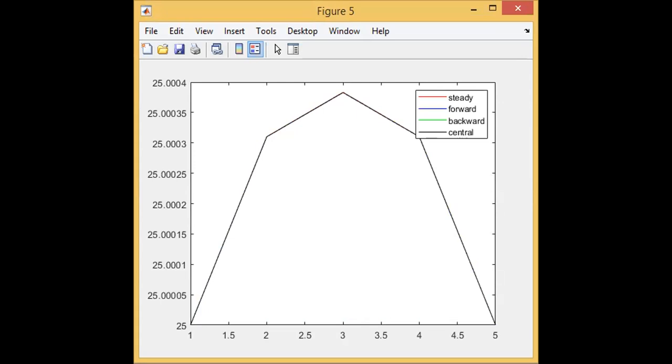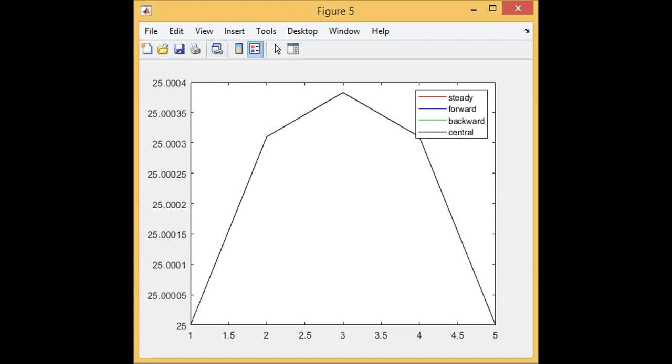I have the converged values because of forward, backward, and the center also. In this particular figure, only one particular line is visible because the temperature solutions obtained by 4 processes, that is the steady, forward, backward, and the central, are exactly the same.